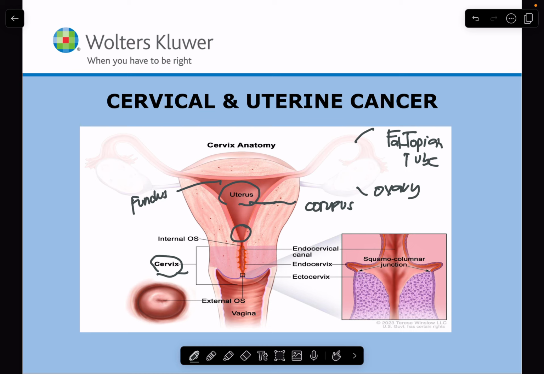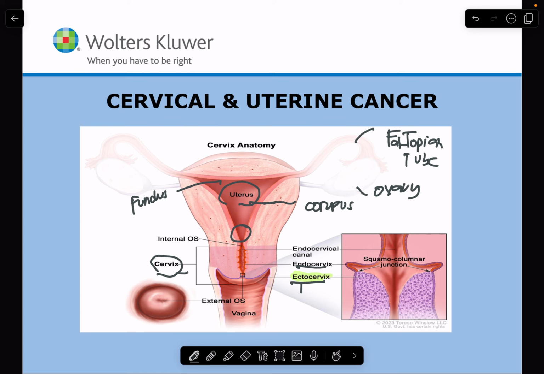Ang cervix kasi usually has two layers. You have the ectocervix and the endocervix. Okay? Si ectocervix, guys, take note, is comprised of stratified squamous epithelium.